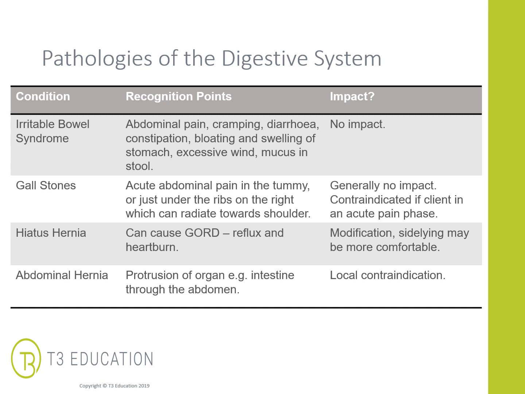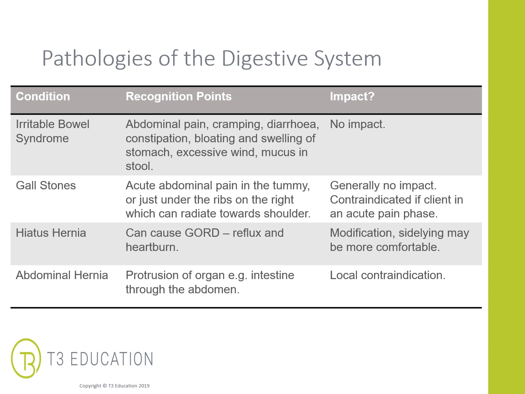Next up is hiatus hernia, and this one can cause the reflux that we talked about earlier, so GORD. What we'll find is this laxity, allowing that opening and closing and allowing that acid to move up. What we find is that sometimes lying on the back or on the stomach can make this worse.